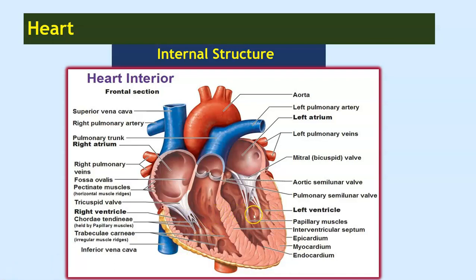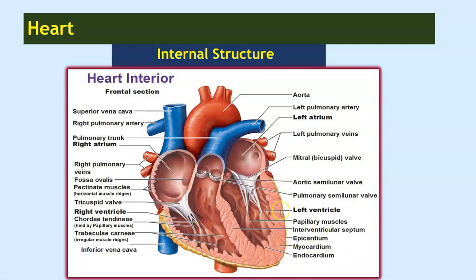Ventricles, students, are the inferior thick-walled pumping chambers of the heart. The right and the left ventricles are separated by an interventricular septum. Now students, the wall of your left ventricle is more muscular. It is about 3 times thicker than the right ventricle.